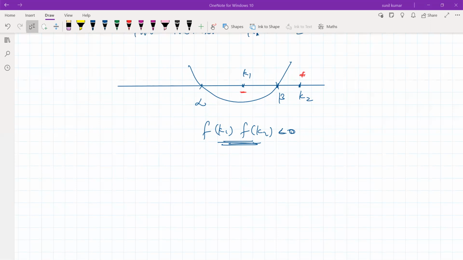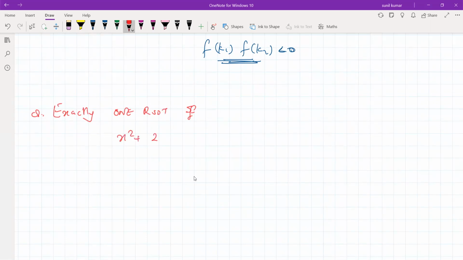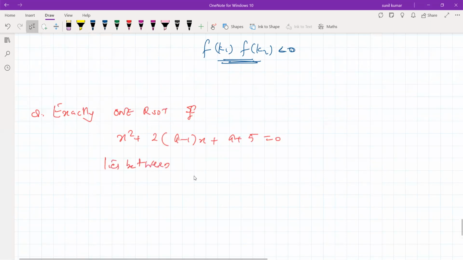Exactly one root of x square plus 2 into (a minus 1) x plus a plus 5 equals 0 lies between 1 and 2.